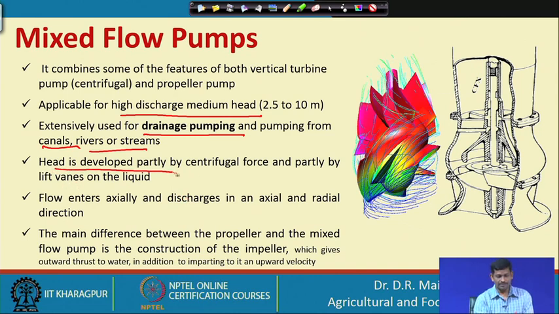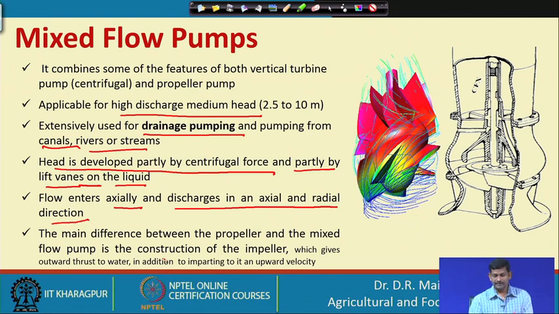So, head is developed partly by centrifugal force from the impeller, and partly by lift vanes on the liquid. Flow enters axially and discharges in axial and radial directions. So, it comes axial and then radial, like this.